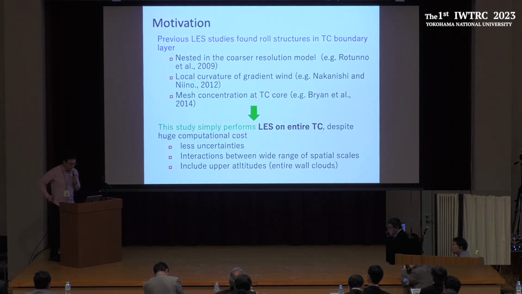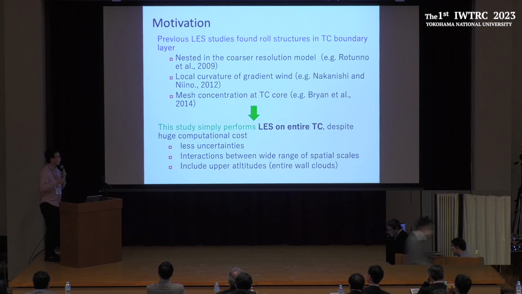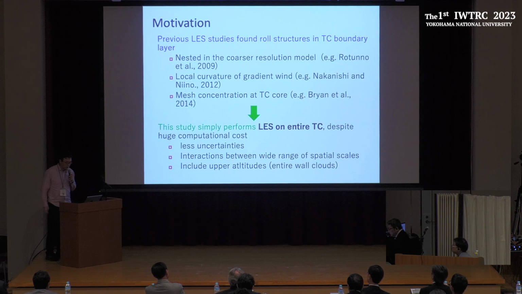And also the fine-scale structure perhaps exists not only in the boundary layer but in the wall cloud. LES for the tropical cyclone boundary layer has been conducted, but to reduce the computational cost of the LES, various techniques are used. But in contrast, this study simply performs a LES on the entire tropical cyclone despite its huge computational cost.